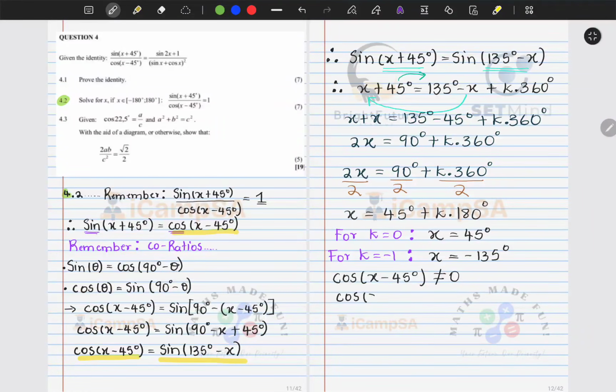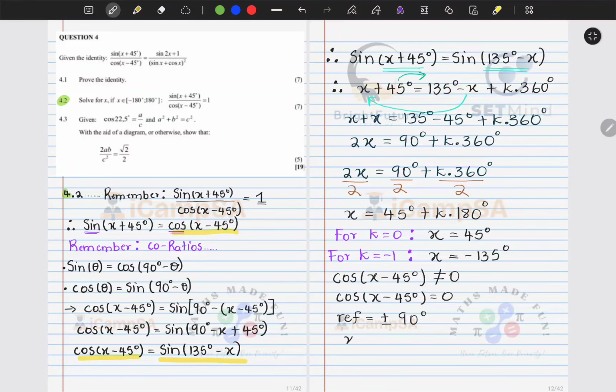Well, let's go and have cos of x minus 45 degrees and equate it to 0. And we can find our reference angle, since cos is 0 when we have our angle being plus or minus 90 degrees. Okay.